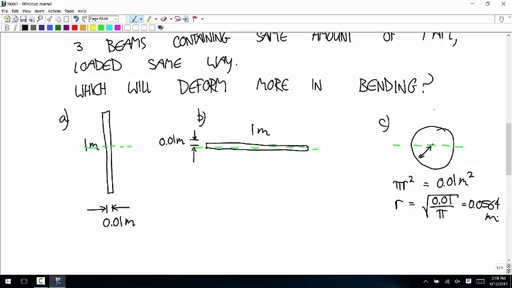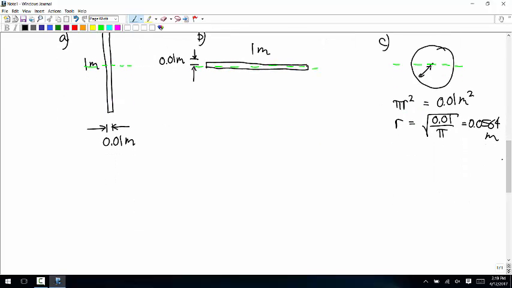Yep. So we're applying that law. Yes. But it's not going like this. So here's what we're talking about. I'll just draw one of these beams, so this is the cross section.